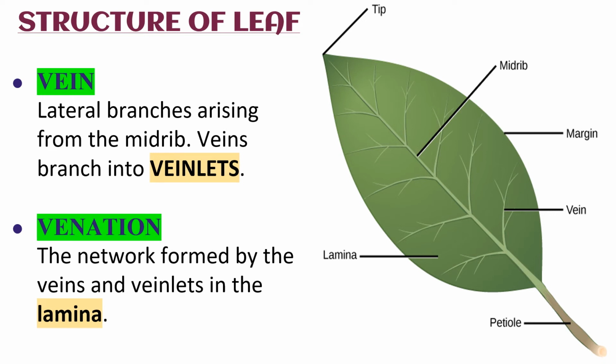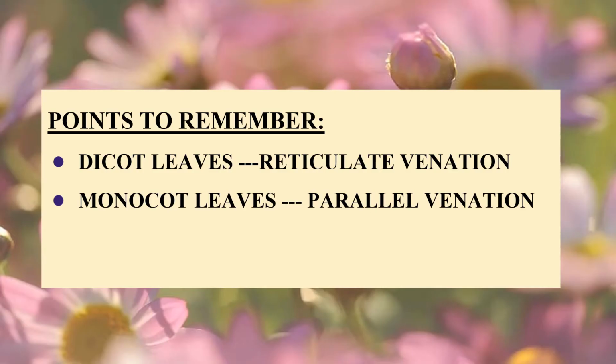And veins further branch into fine veinlets. Students, the network formed by the veins and veinlets in the lamina is called venation. Students, always remember that dicot leaves always have reticulate venation and monocot leaves have parallel venation.